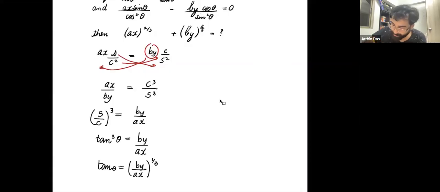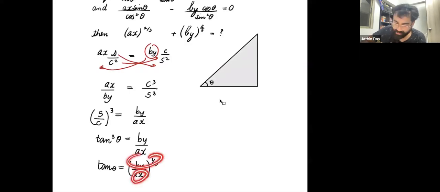So here I'll draw a triangle a little big to make you understand. Theta. Tan is this upon this, so I will write b raised to 1 by 3 over ax raised to 1 by 3. Tan will be like this?